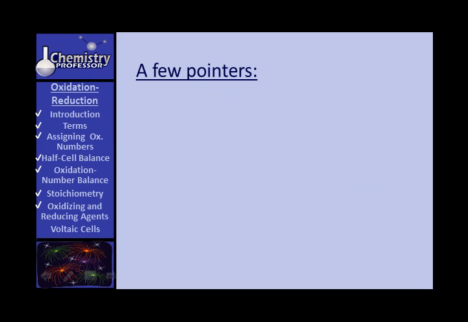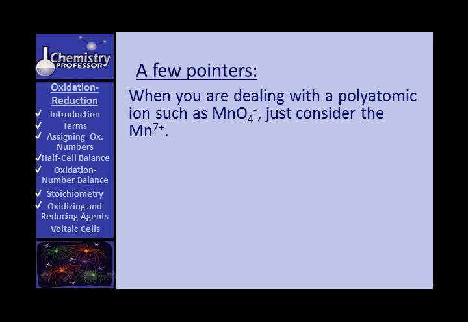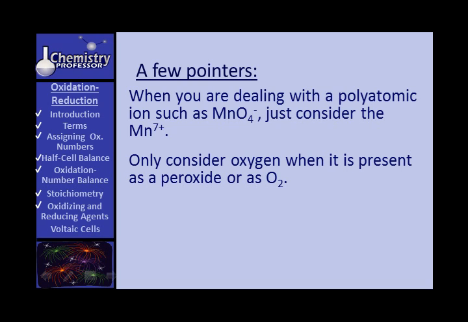A few pointers. The pointers come with the polyatomic ions. If you're looking at a polyatomic ion, such as permanganate, don't consider oxygen, just consider the manganese. In this case, the manganese, which is a +7 charge. The only time you consider oxygen is when it is present as a peroxide or as O2.